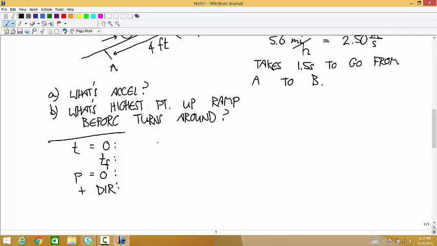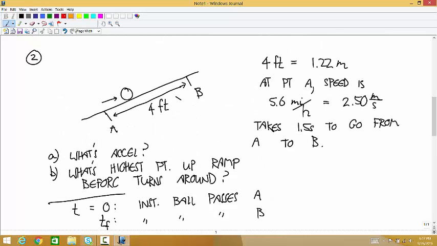For time equals 0, we'll say the instant the ball passes A. For time final, we'll say the instant the ball passes B. Position equals 0, I'll make that point A, and we'll make the positive direction go up the ramp.